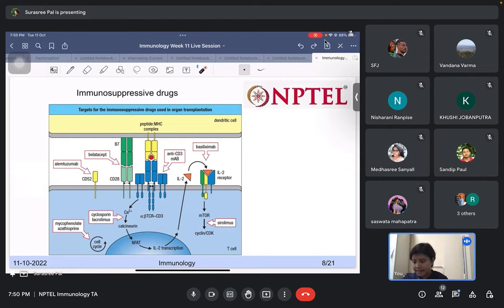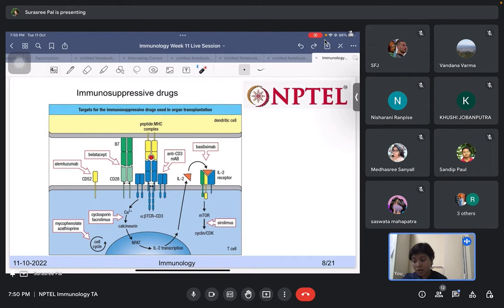Next is the anti-CD3 monoclonal antibody, acting against CD3. It prevents the generation of signaling by CD3. CD3 is responsible for signaling of the TCR complex, so the anti-CD3 monoclonal antibody inhibits this signaling by the TCR complex. That is how it also inhibits the T cell response.